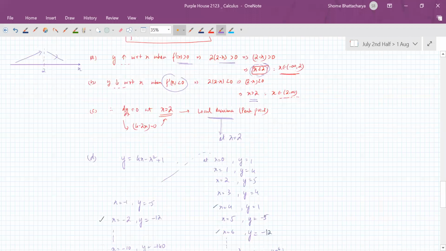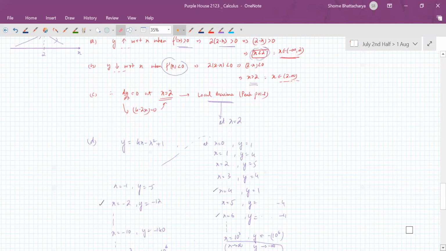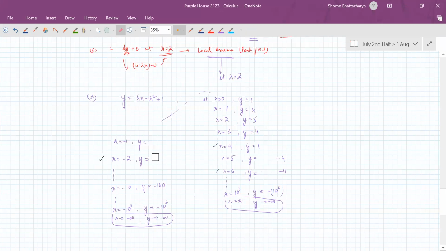This will be minus 4. This will be minus 11 instead. Even these will be minus 4 and minus 11. Forgot to add the 1. Minus 139. So the graph will change a bit.